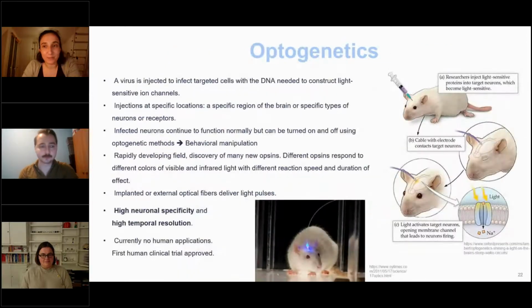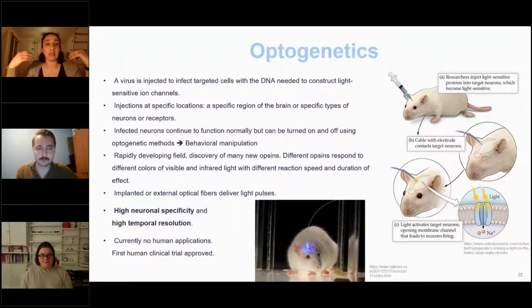And let's move to optogenetics, which for now is used only in animals, although the first human clinical trial has been recently approved. And it involves basically a virus which is injected into the brain of the animal.